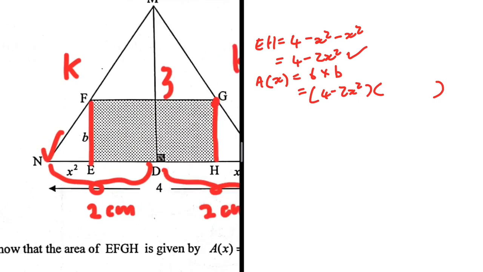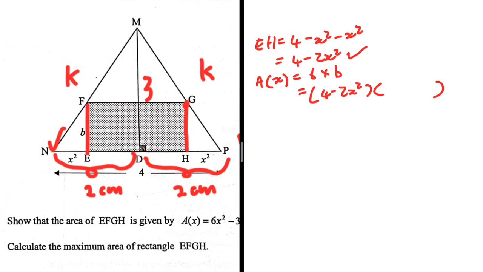We're going to use the fact that triangle NEF is similar to triangle NDM. In what way? In NDM, we have these 90 degrees here, and in NEF, we have this 90 right here. So we have two angles that are equal to each other, and they share a common angle between the two triangles.